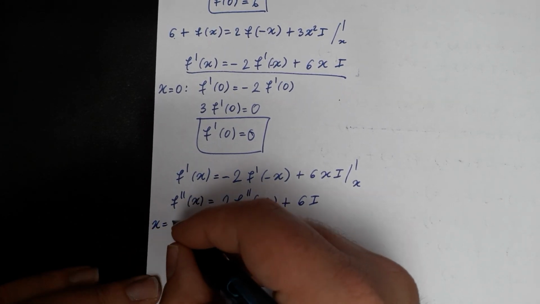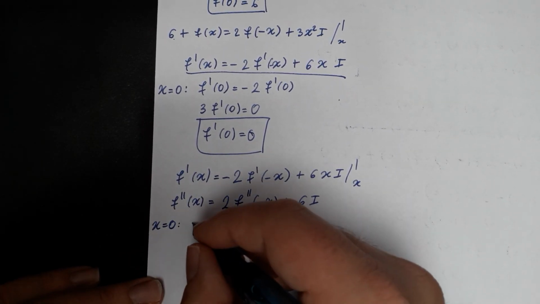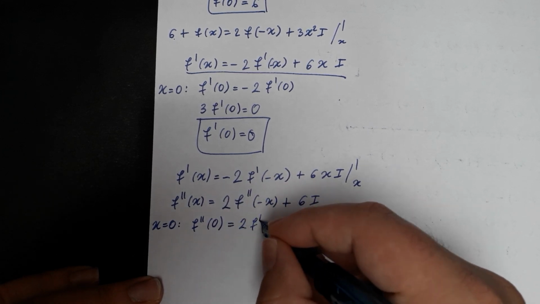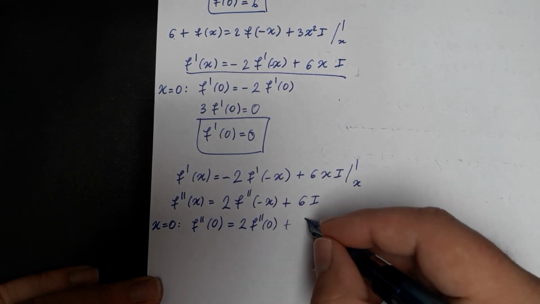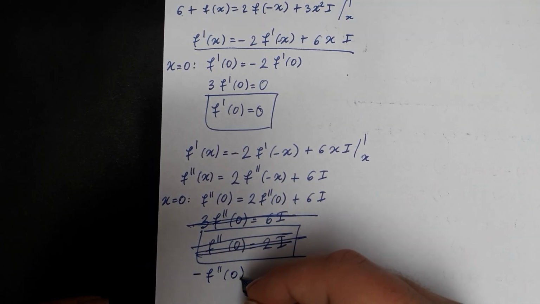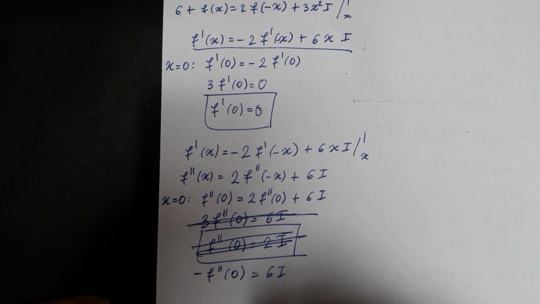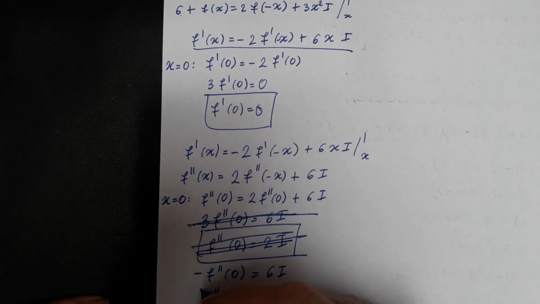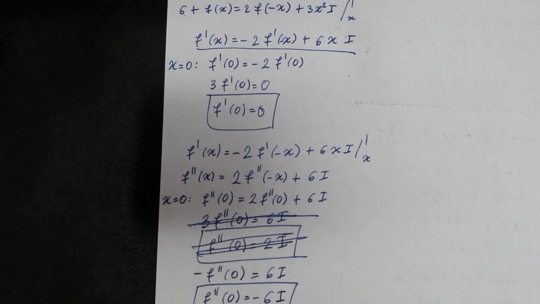By evaluating it at x equal to 0, we get that f second derivative at 0 is equal to 2f second derivative at 0 plus 6I. This is negative f second derivative at 0 is equal to 6I, so f second derivative at 0 becomes negative 6I. My bad.